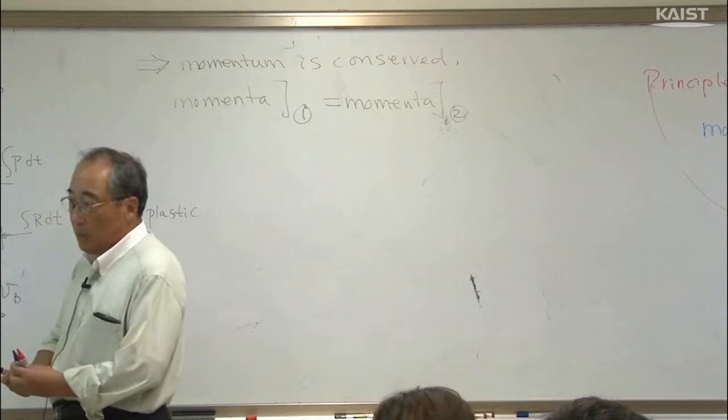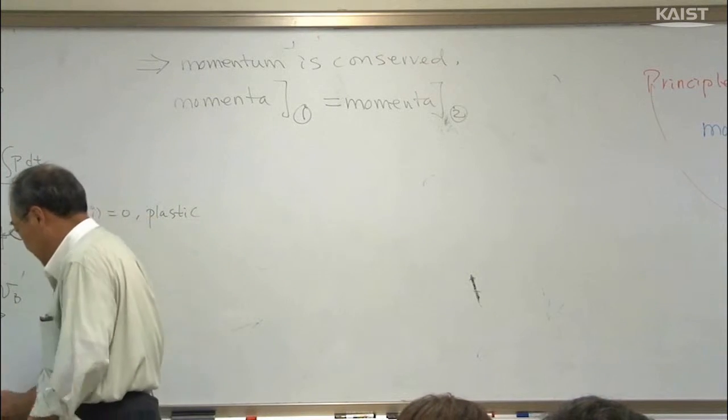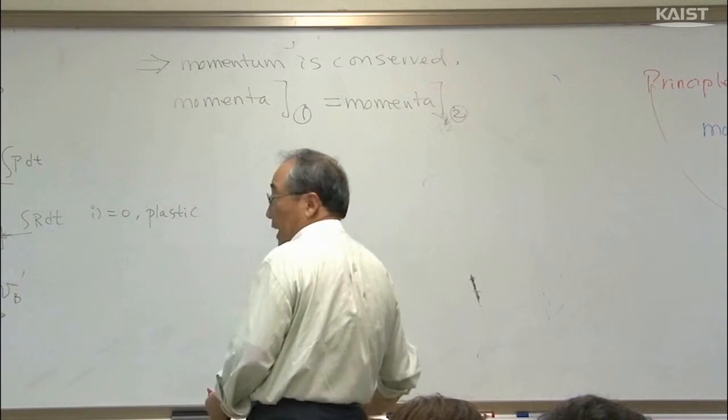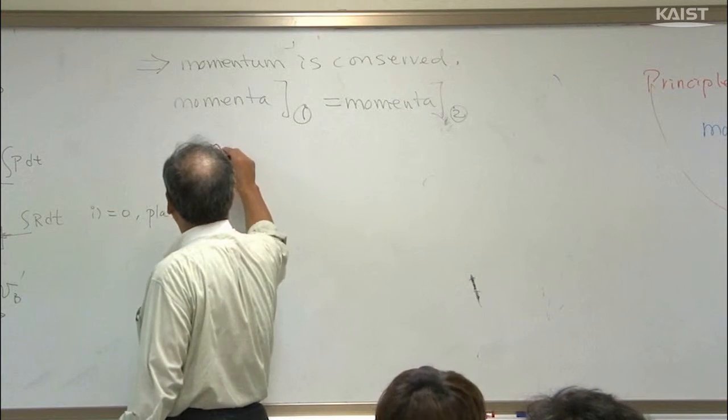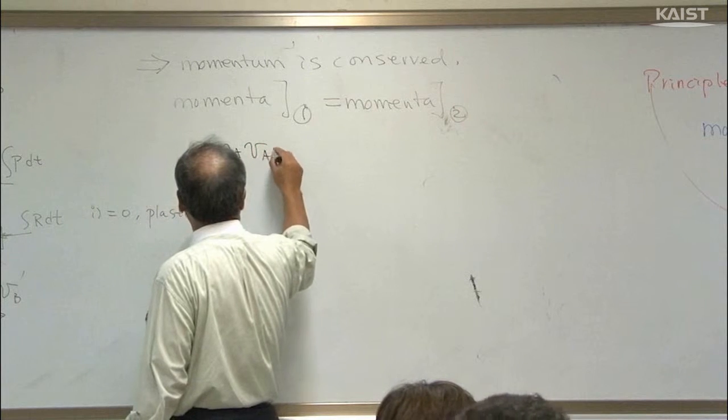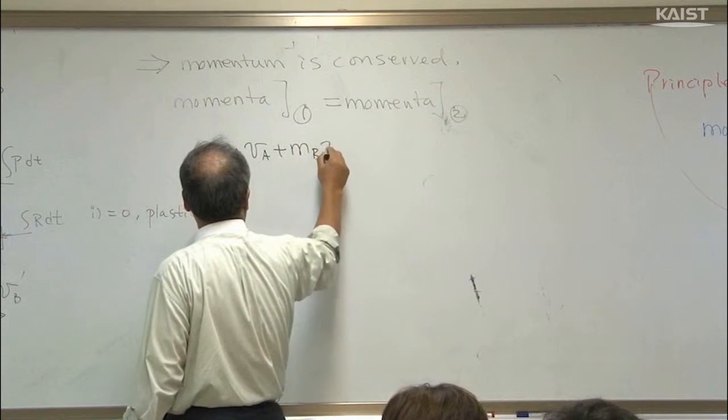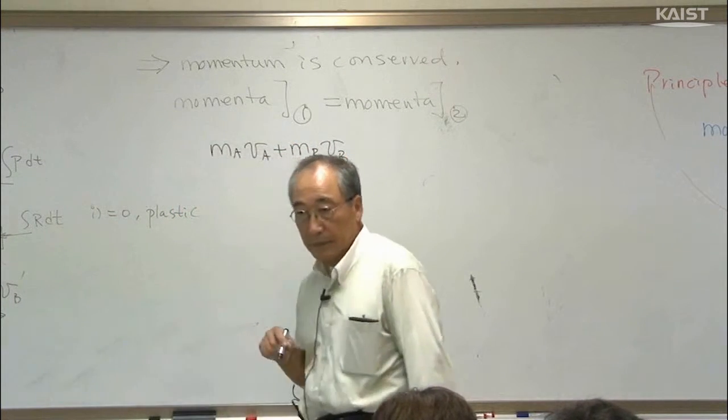So what is the momenta at state 1? That is ma va plus mb vb. Okay?